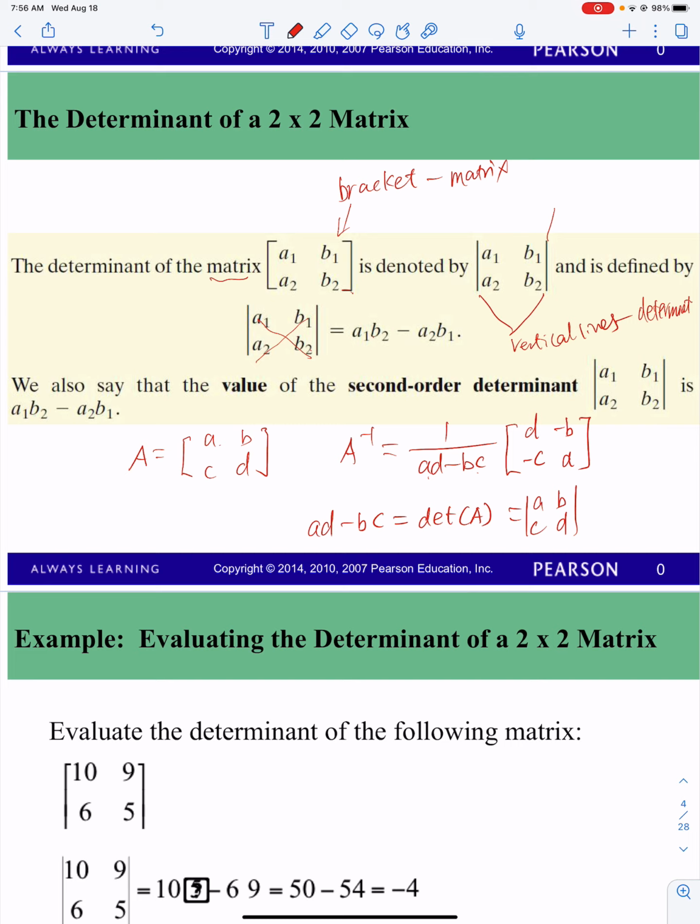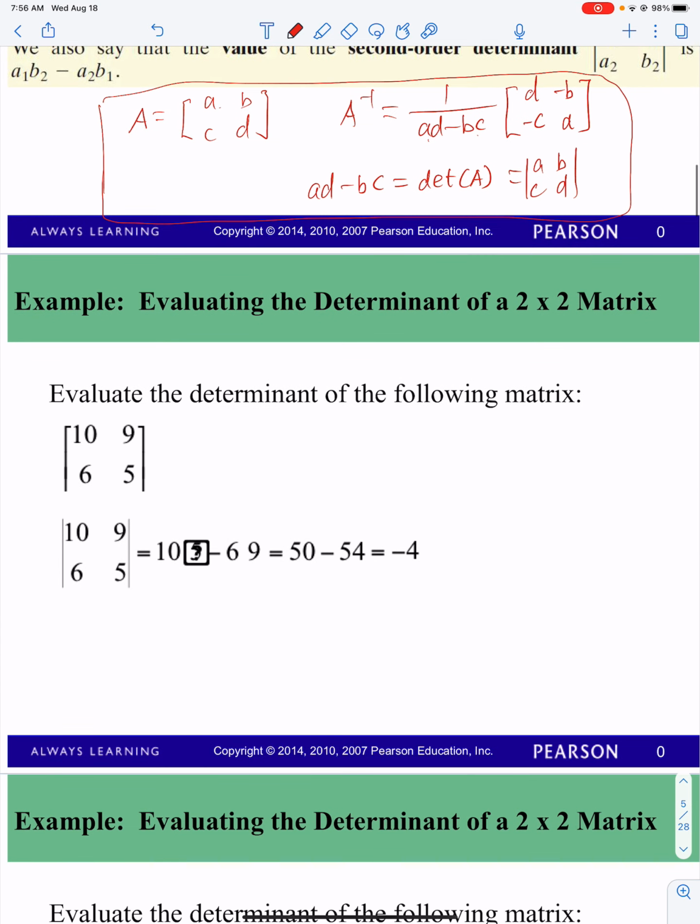Are you with me? So this is the multiplicative inverse of a 2 by 2. Remember this.